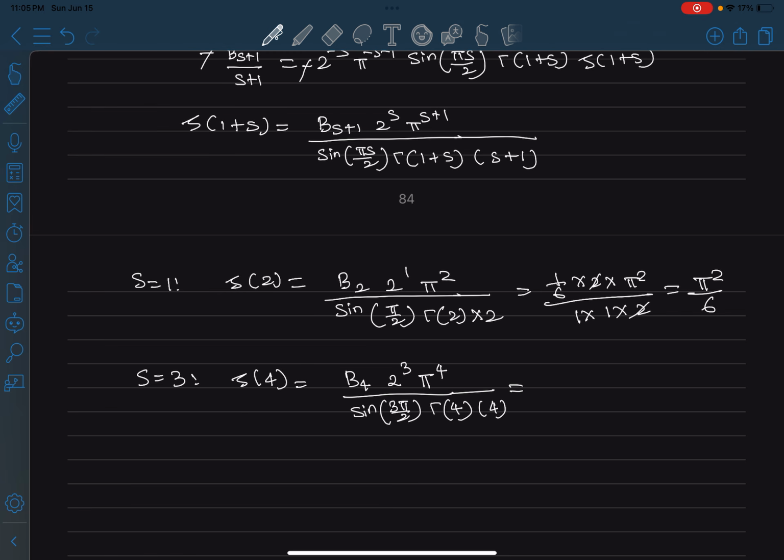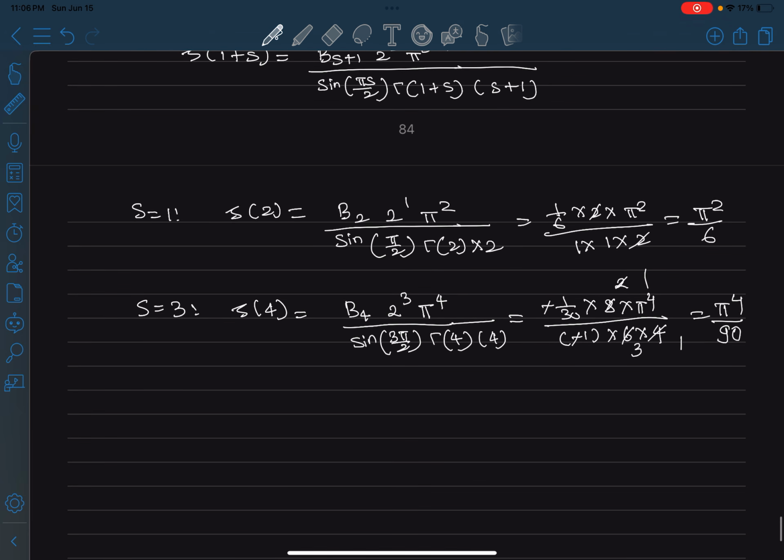Now Bernoulli subscript 4 is negative 1 over 30, 2 to the power 3 is 8, sine of 3 pi over 2 is negative 1, gamma of 4 is 3 factorial, which is 6, times 4. Negative signs cancel out, and then 4 ones are 4, 4 twos are 8, 2 ones are 2, 2 threes are 6, so it's pi to the power 4 by 90. So we're getting all the values that we wanted, right?